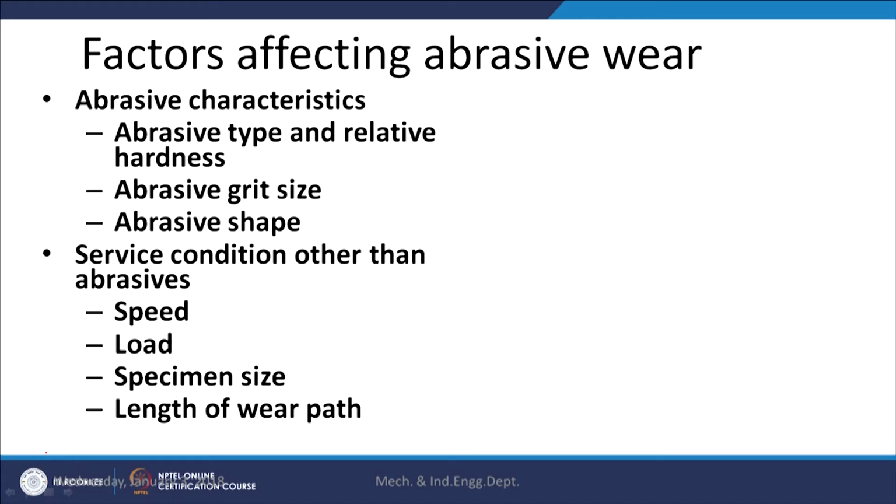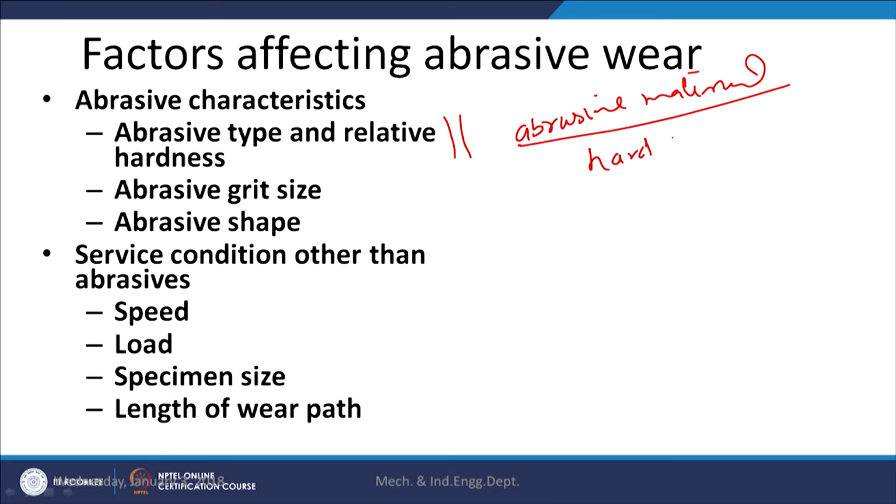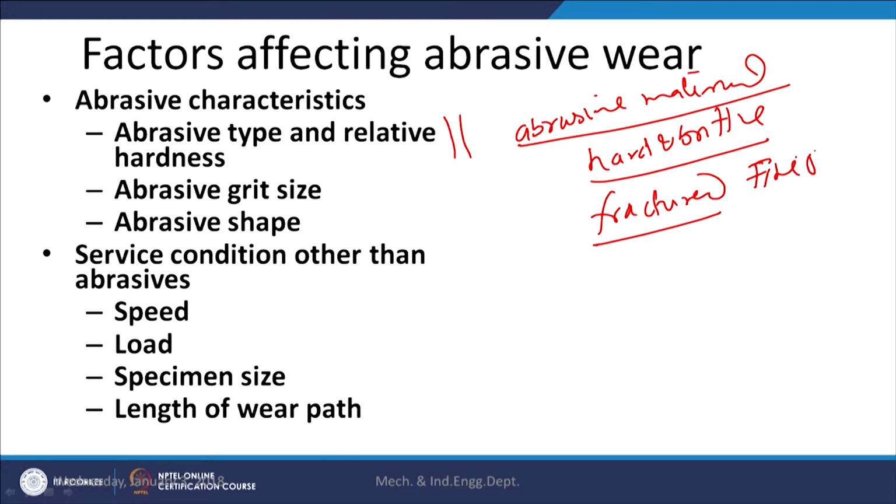The effect of load on the wear rate with regard to grit size we can see with respect to the abrasive material. Some abrasive materials are very hard and brittle. When these hard and brittle materials are subjected to external loading, they have a tendency to get fractured into fine pieces.